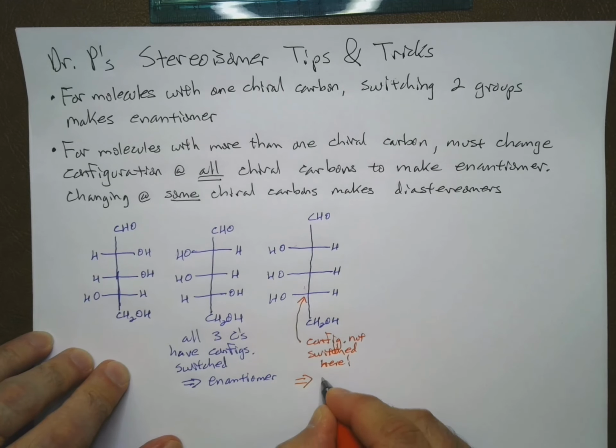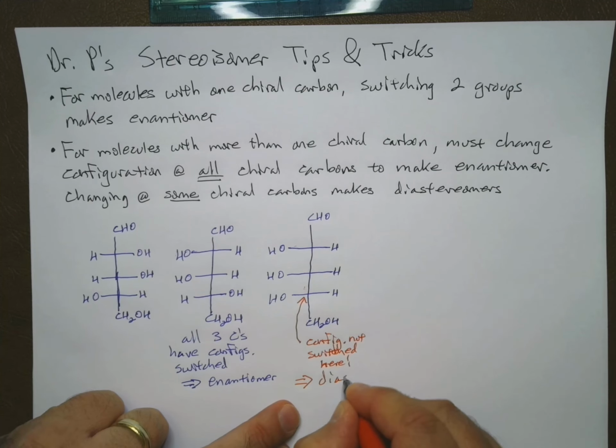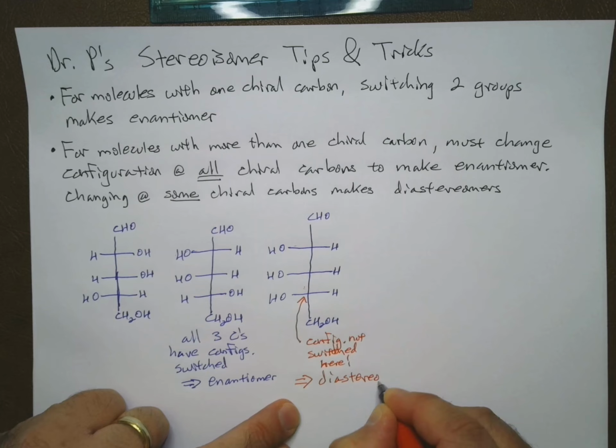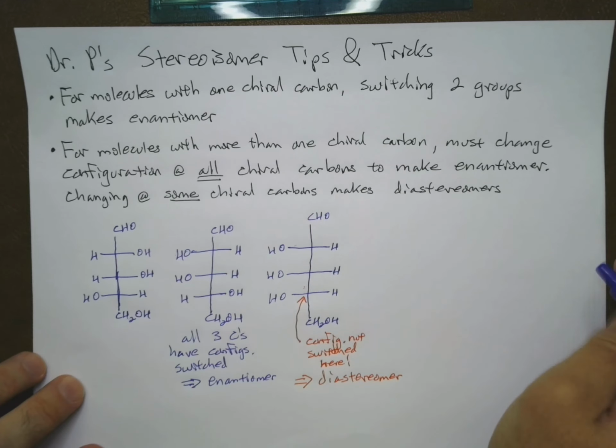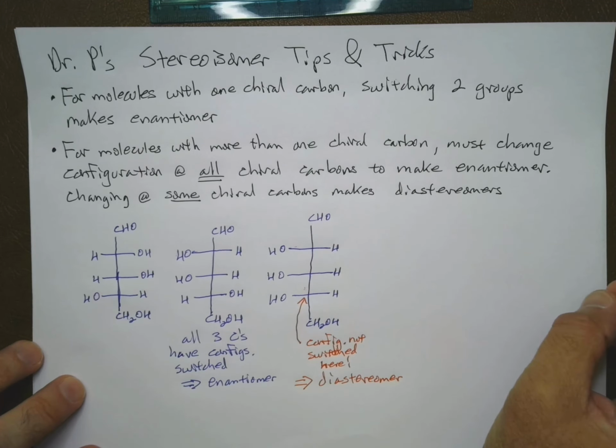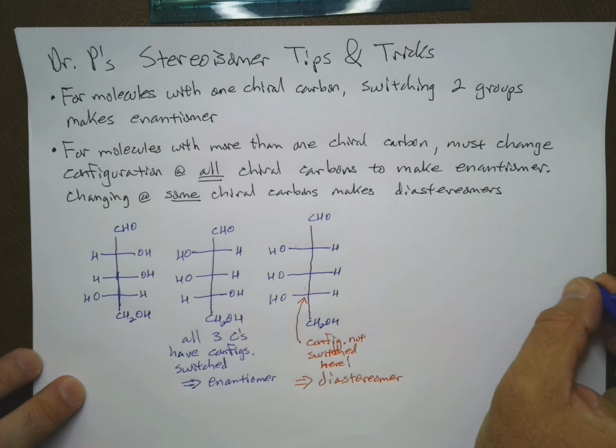That's going to be a diastereomer. Again, there's only ever one enantiomer for a given compound with multiple chiral carbons. Everything else, all the other stereoisomers, are going to be diastereomers.